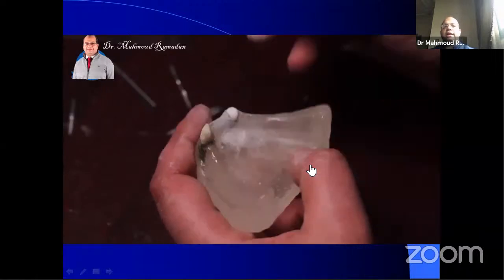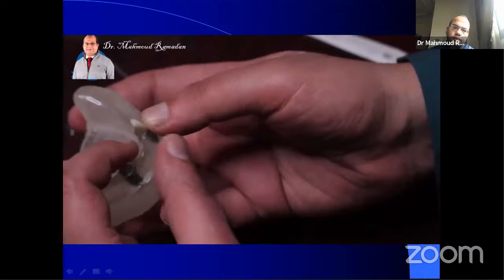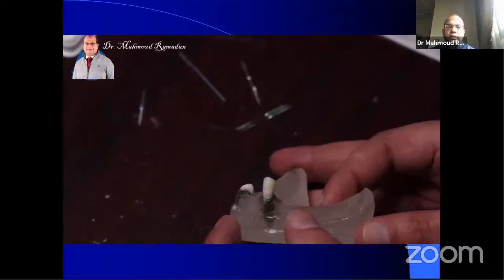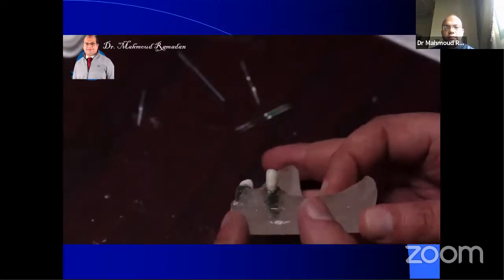We almost reach the shape we are going to make, the half egg shape. Bevel towards the labial.